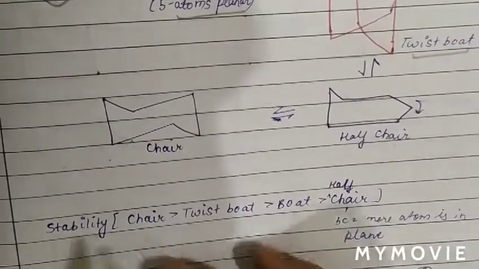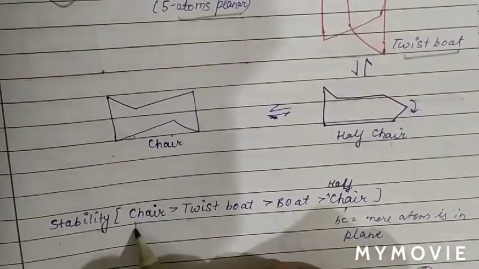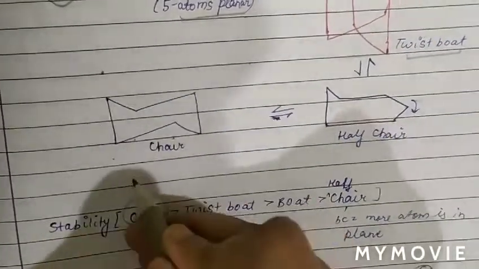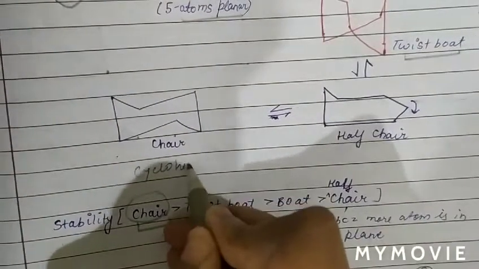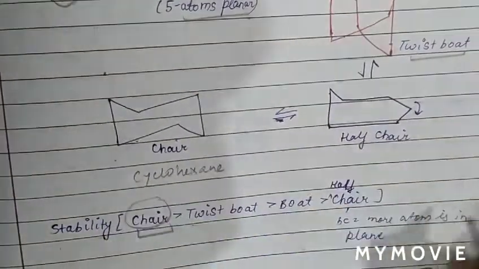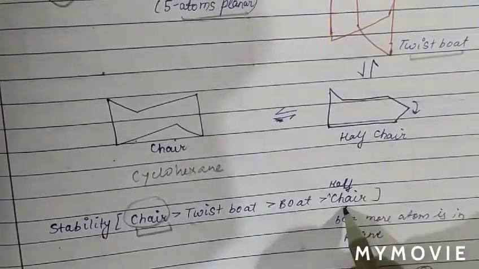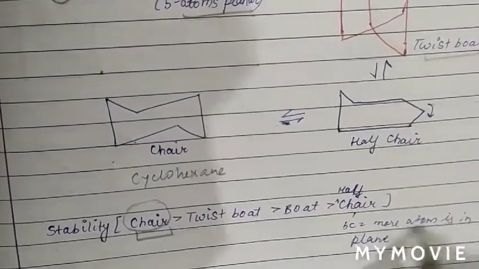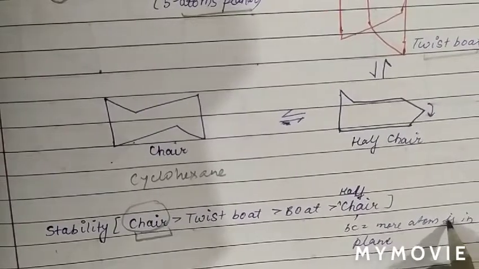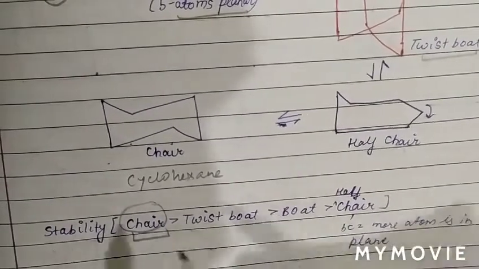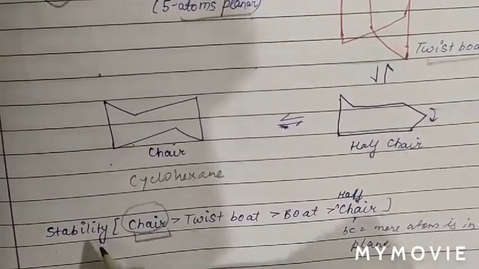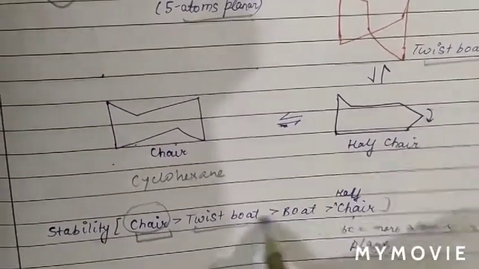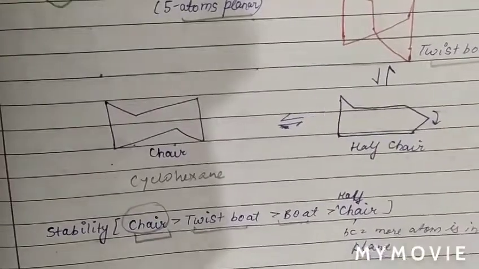The chair form of cyclohexane is the most stable form, while the half chair form is the least stable form, because more atoms lie in the plane. So the stability order is chair form, then twist boat form, then boat form, and then half chair form.